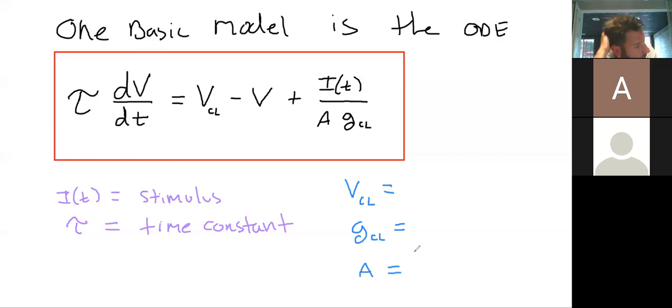What do you think that stands for? What about G sub CL? Maybe you guys know what CL is from chemistry class, right? So the V is voltage, but what exactly is the V sub CL?